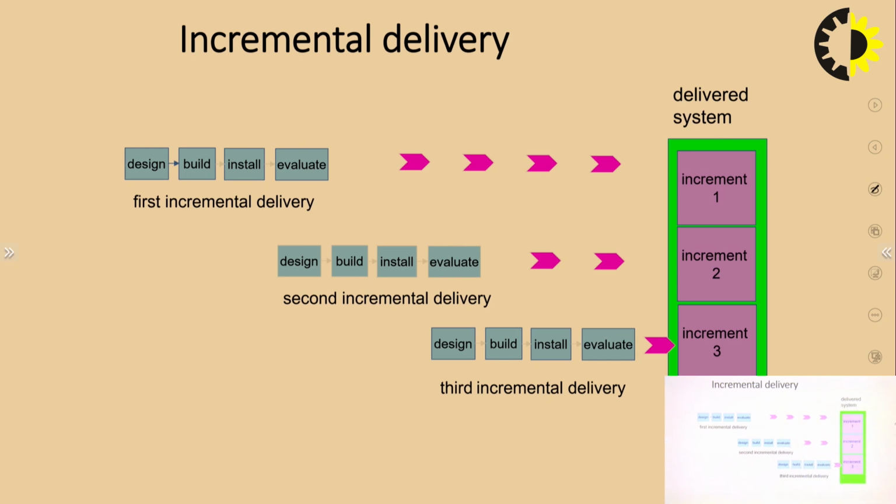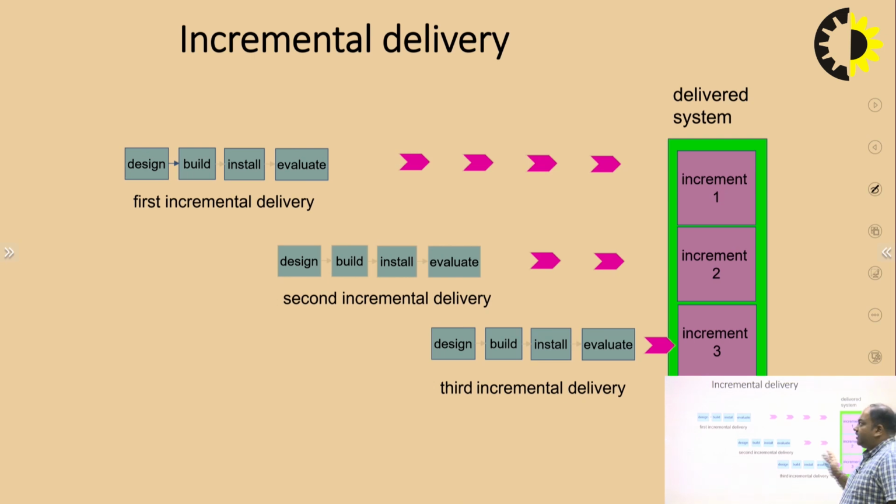After each increment, our evaluation changes. After the first increment, it takes a lot of time. After the second increment, it takes less time. And in the third increment, we can say that our product is totally ready.